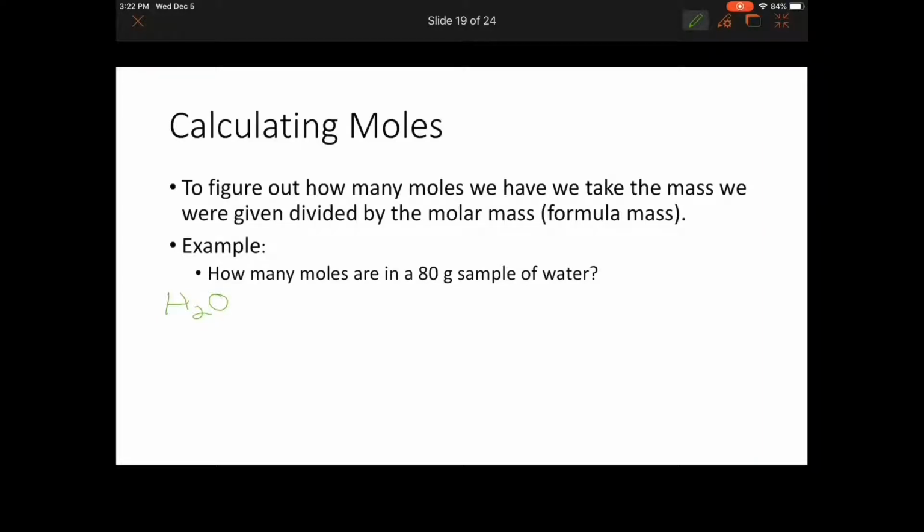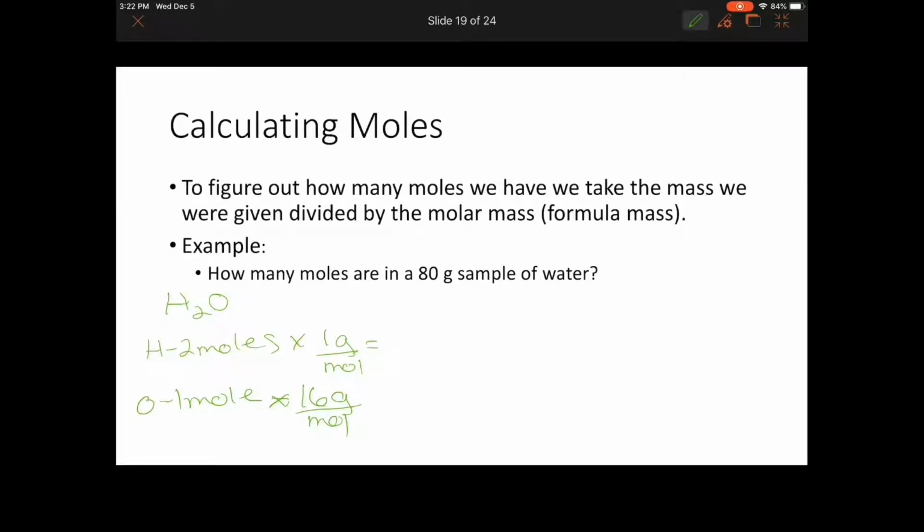We know that we need to figure out the molar mass of this water molecule, so let's go ahead and do that. For hydrogen, we have 2 moles. Oxygen, we have 1 mole. Hydrogen's mass is 1. And oxygen's mass is 16.